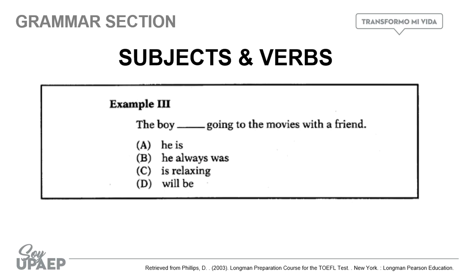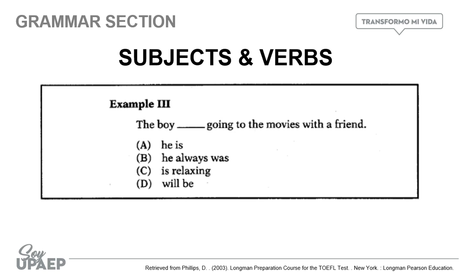Let's do another one. The boy, blank, going to the movies with a friend. So what is what you need? Do you need the subject or do you need the verb? We know that the subject is the boy. So we need part of the verb because if you notice, you already have going.